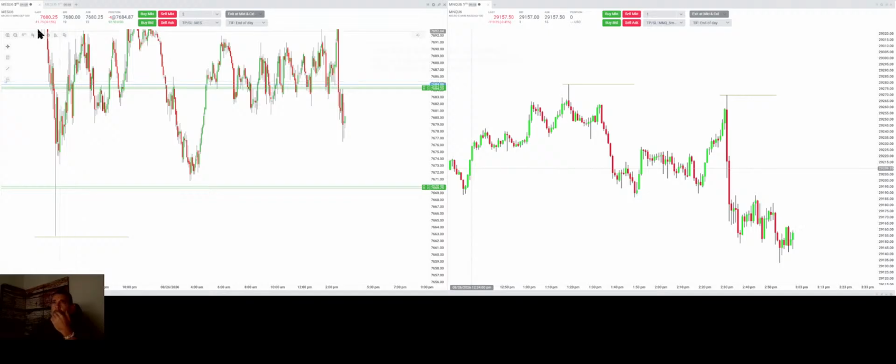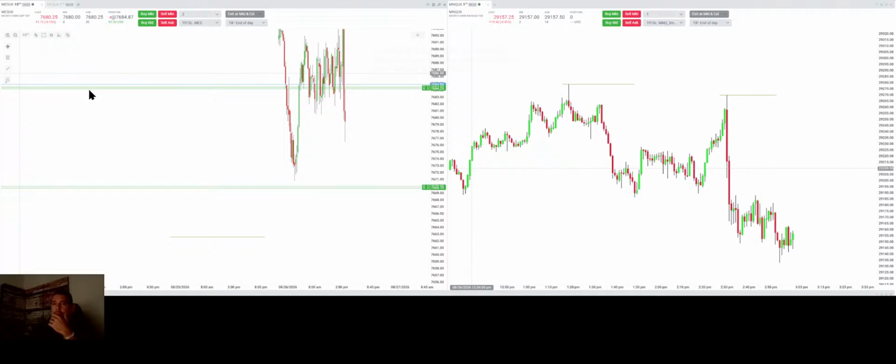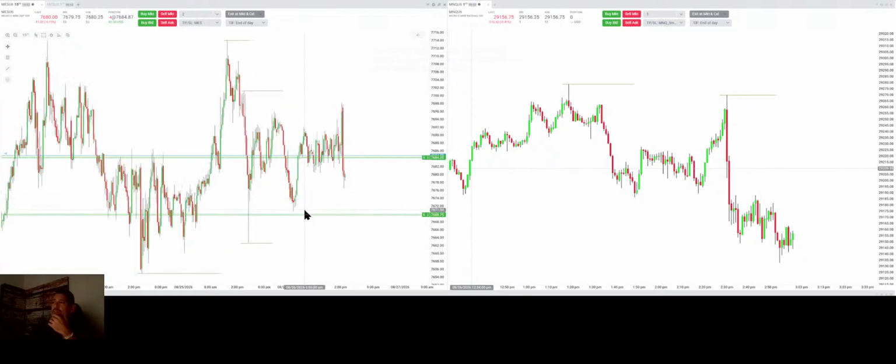Let's go on 15. Yeah, okay. That's the hour level down there. Yeah, that's why. Well, one can be there and one can be here. In that case, it's correct.